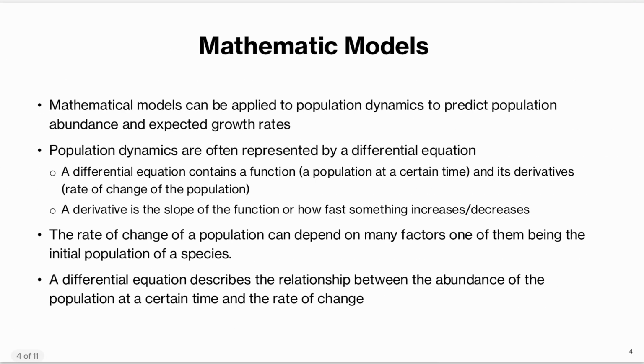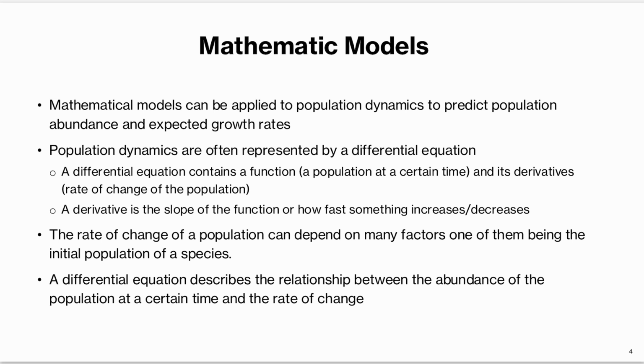There are many different mathematical models that can be applied to population dynamics to predict population abundance and expected growth rates. One of them is a differential equation. A differential equation contains a function, which could be a population at a certain time, and its derivatives, which usually is the rate of change of the population.